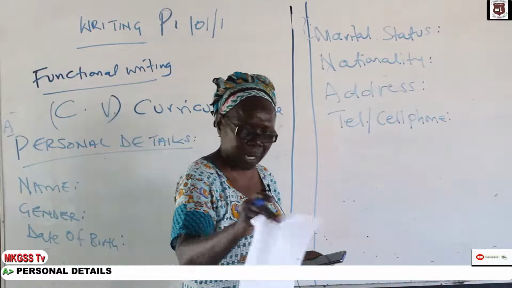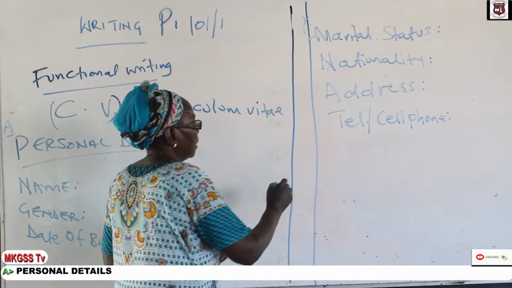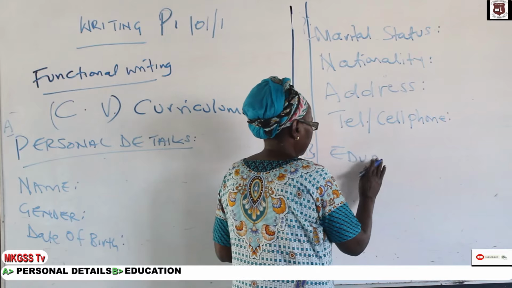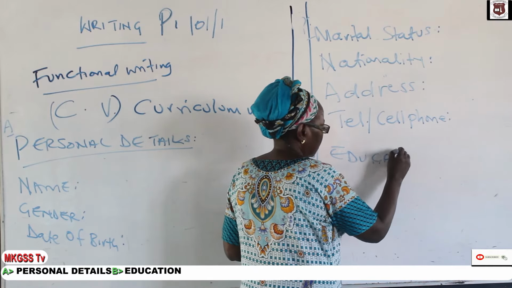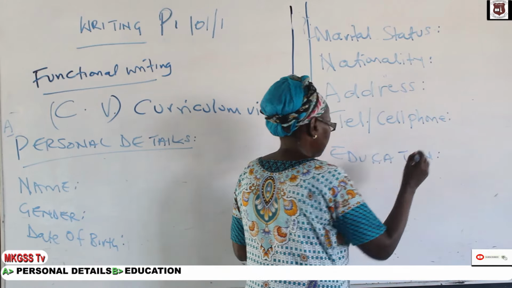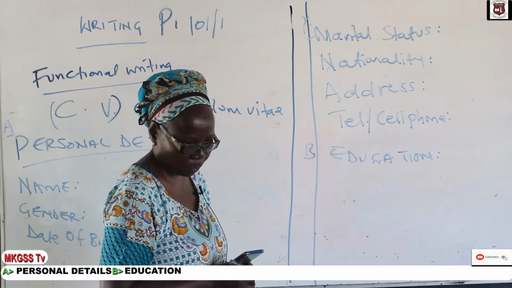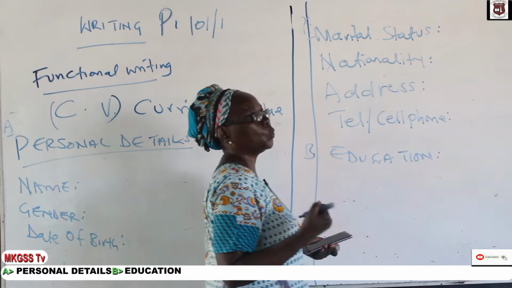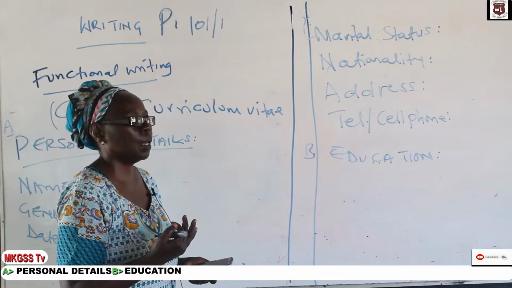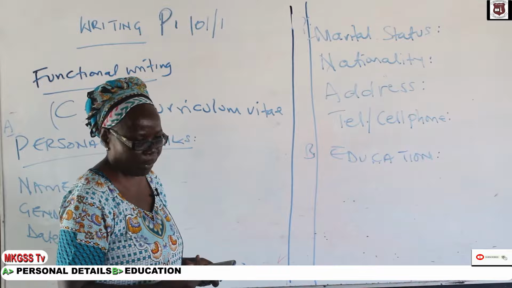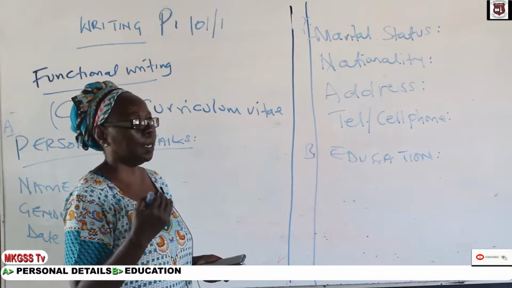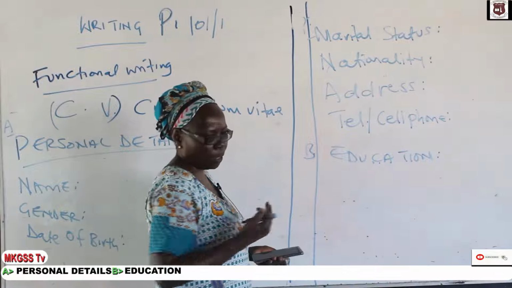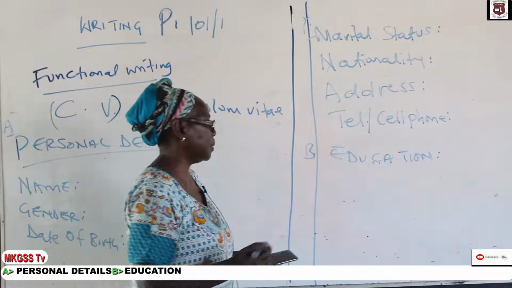And then you move on to the next bit, which is, you can use B, education. So you start from the years in which you got into school. Pre-unit, primary, secondary, tertiary institution or university, in that order. So I'm going to just give an example of dates.